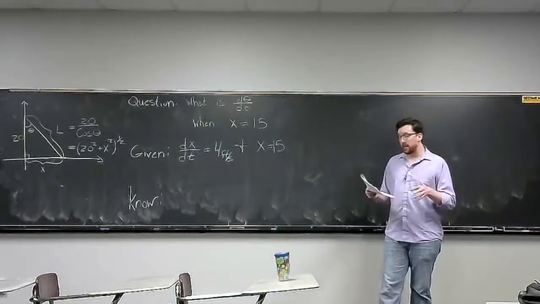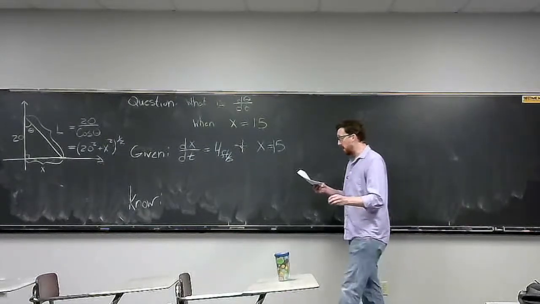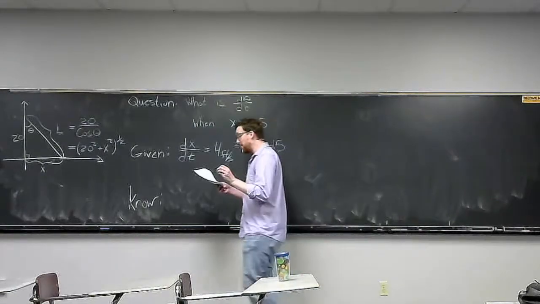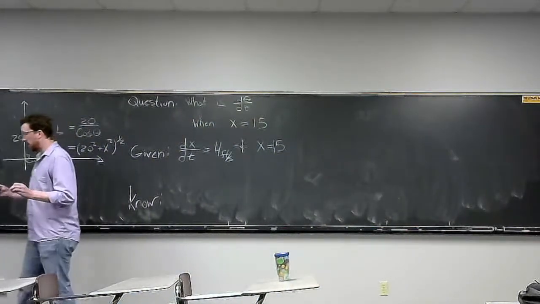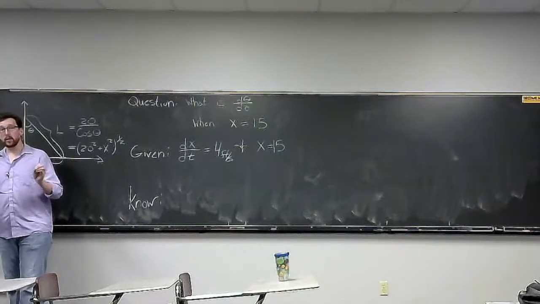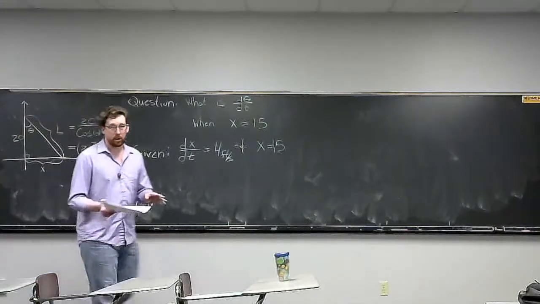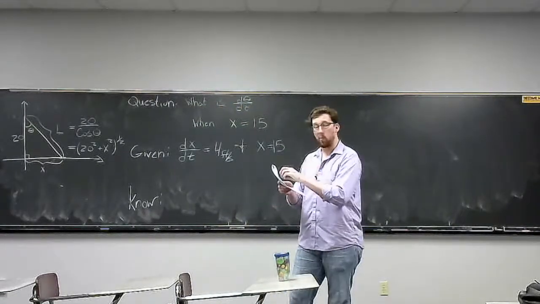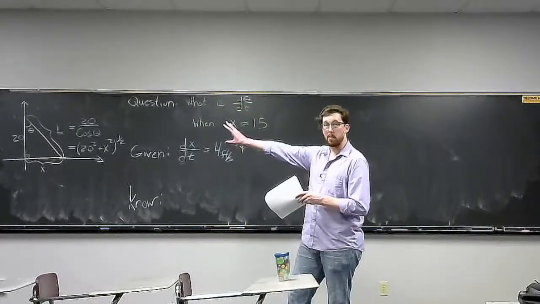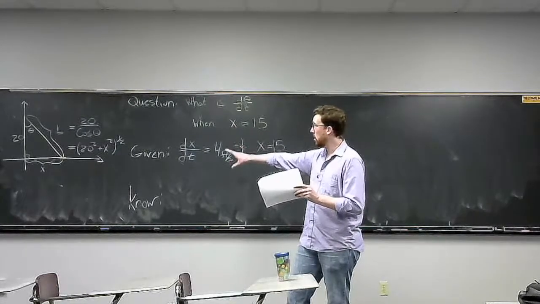The question is asking, at what rate is the spotlight rotating when the man is 15 feet from the point on the path closest to the light? Okay, check out the picture because it'll help you connect what I just said to my drawing on the board.